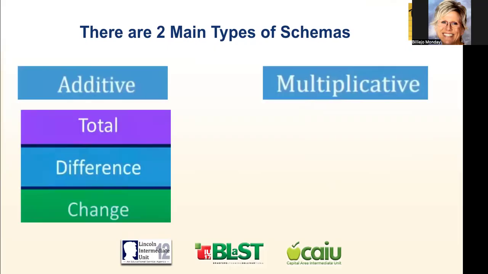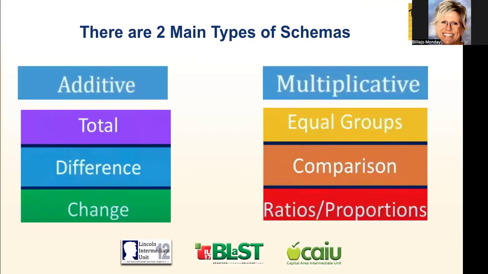They are the total, the difference, and change. And three under the multiplicative, which are those equal groups, comparisons, and then ratios and proportions. Students need to understand how quantities are related before they decide whether they're going to add, subtract, multiply, or divide.